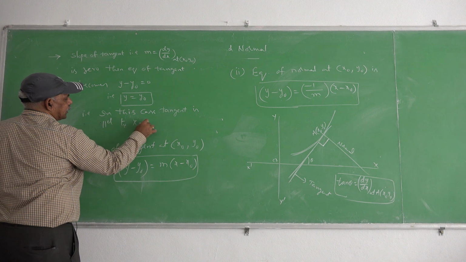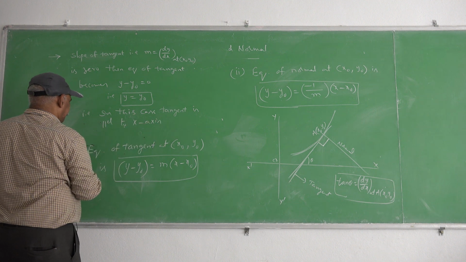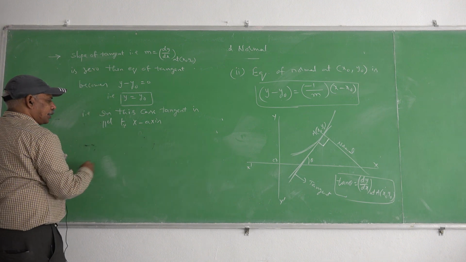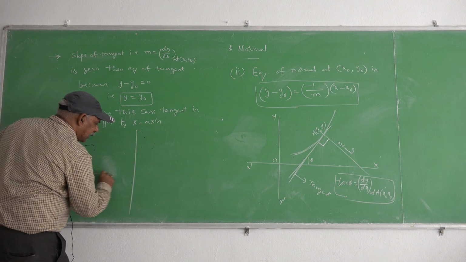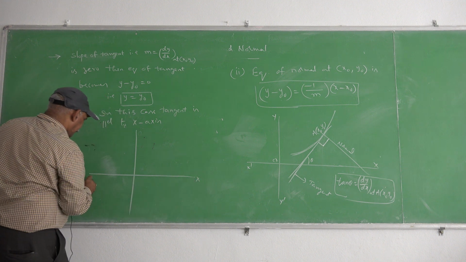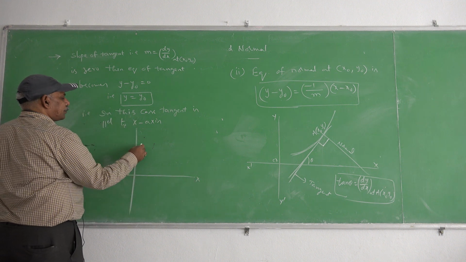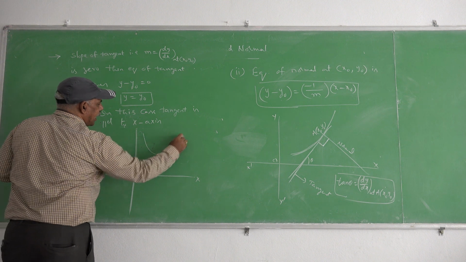Parallel to x-axis because the slope is 0. In such case, the tangent is like this. This is our tangent. Suppose the curve is like this.